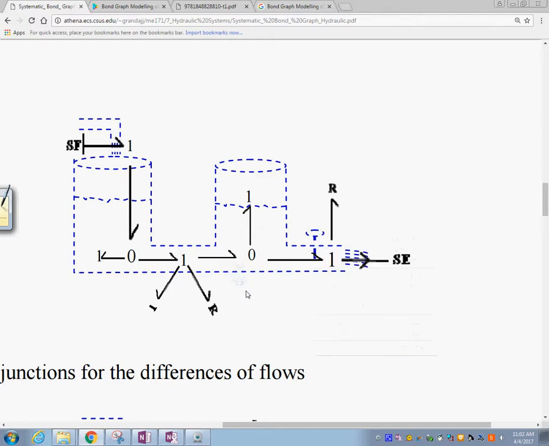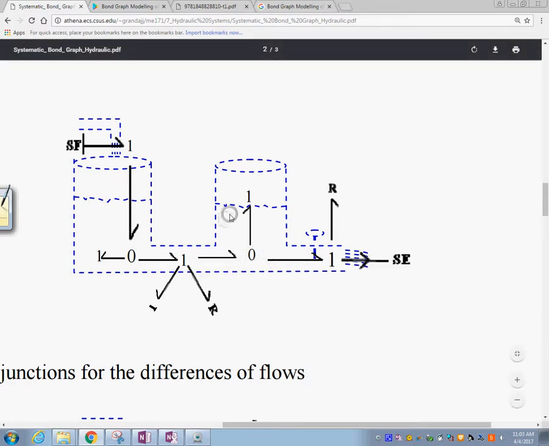But the point is that we created, using the zeros, the difference in flows between these two elements. So we make the 0 junctions for the difference in velocity. This minus this is going to be the flow going into the tank. This minus this is the flow going into the tank.